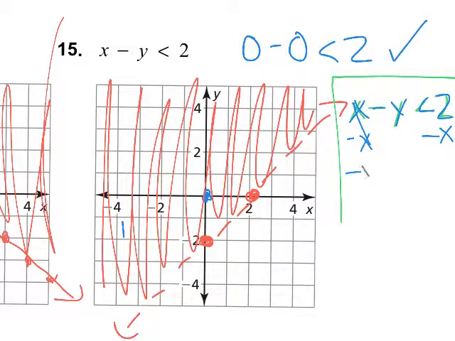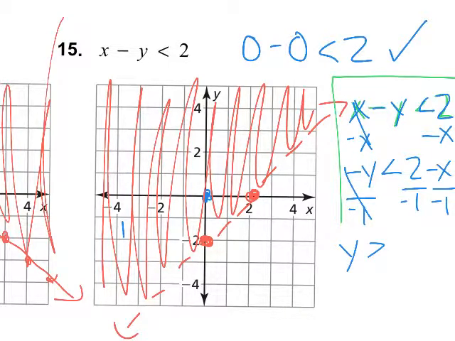So I have -y is less than 2 minus x. I divide by the -1 that's in front of y on every piece. And remember, dividing by a negative makes me flip my inequality sign. So I have y is greater than now, right? I flip my inequality sign. 2 divided by -1 is -2. And then -x divided by -1 is plus x.